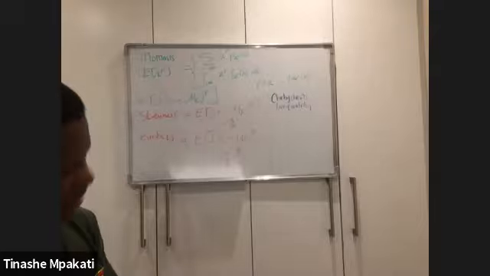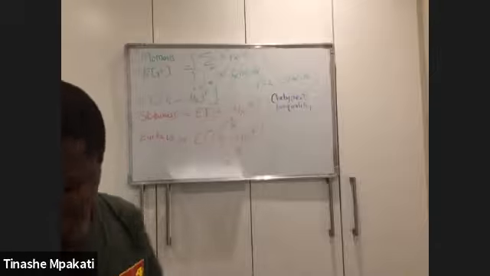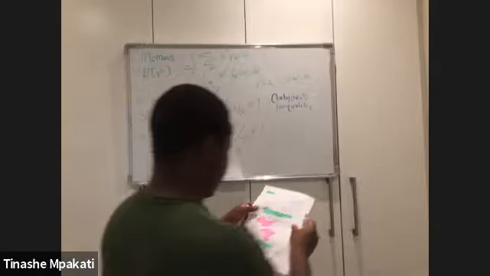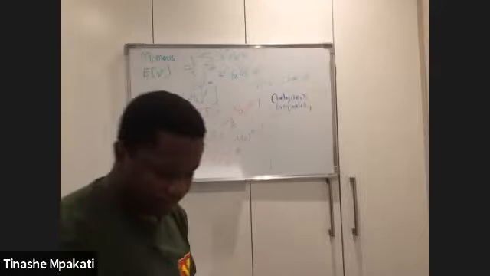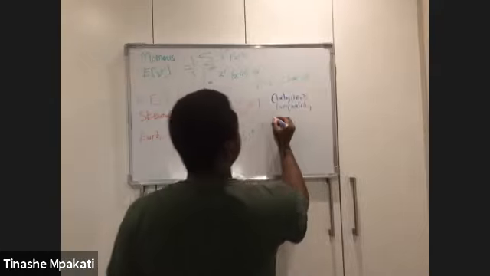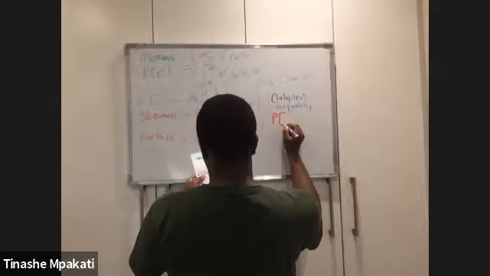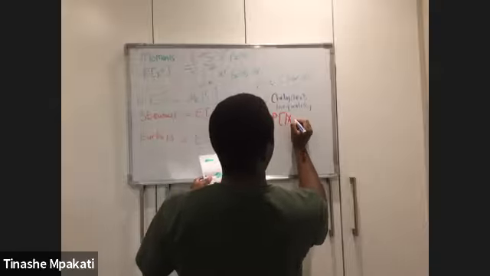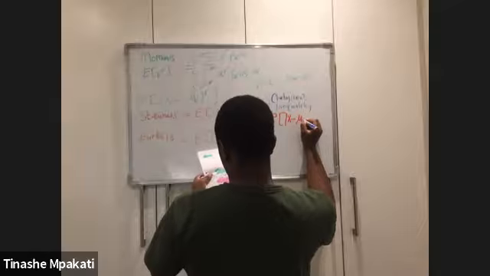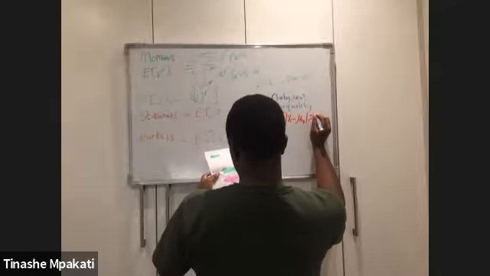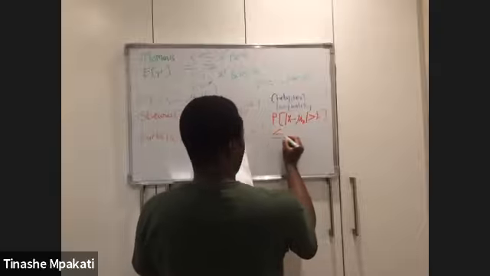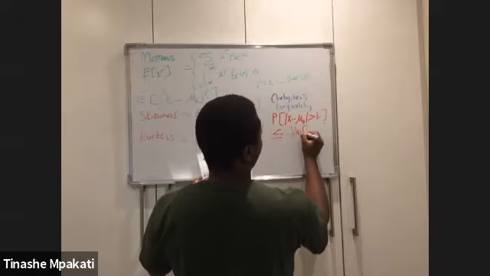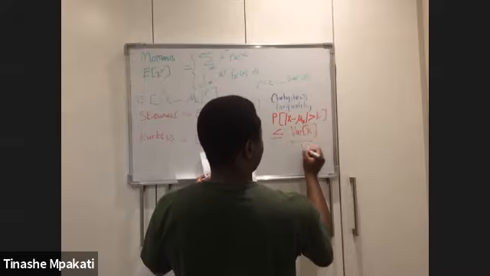Chebyshev's inequality simply tells us that if you want the probability that X minus its mean is greater than some k, this is less than or equal to the variance of that X over k squared.